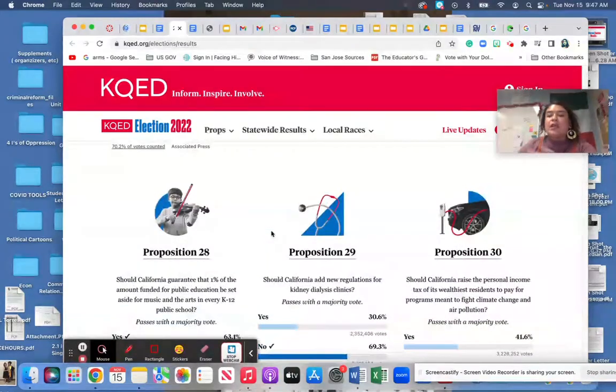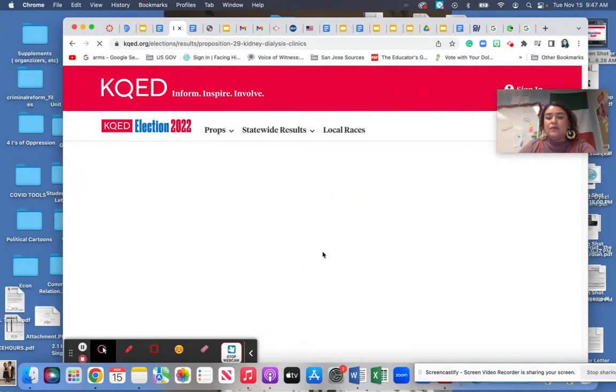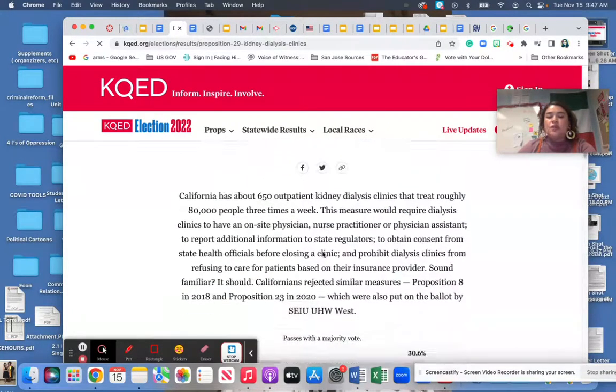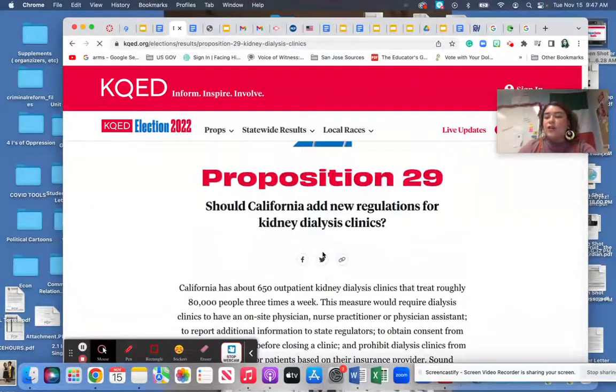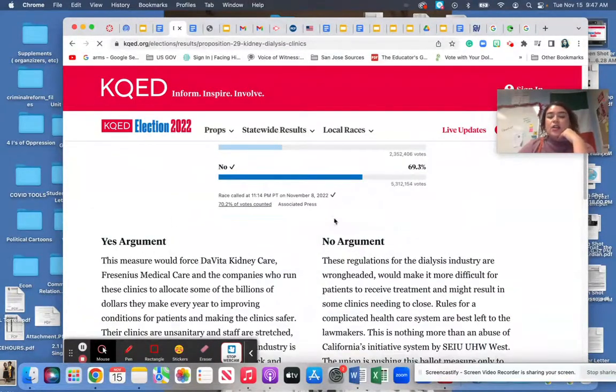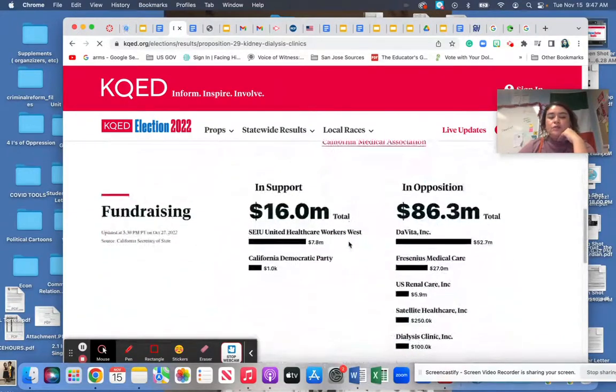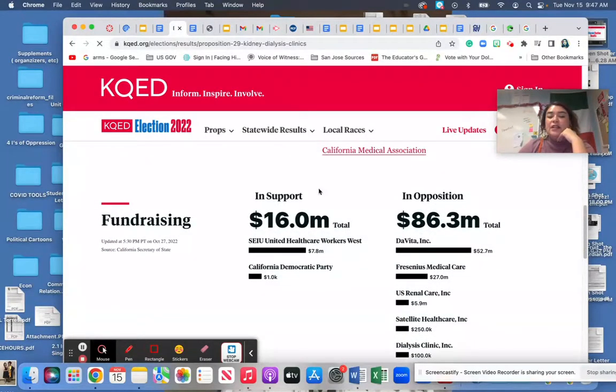And you're going to click on a proposition. Let's say I want to do Proposition 29. Proposition 29 gives me all of the information, what it means. Here's the yes argument and the no argument. This is how much money they're fundraising, the people who support it and the people who don't support it.